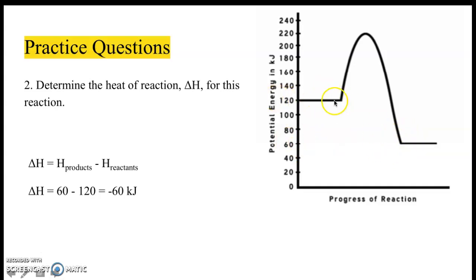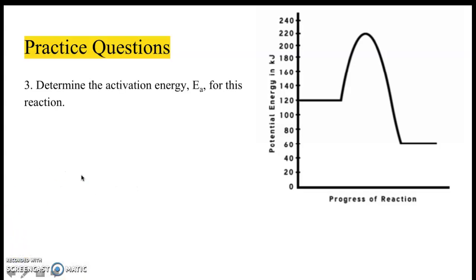Our reactants, 120 kilojoules. 60 minus 120 is negative 60 kilojoules. And if you remember in our last video, we talked about the fact that delta H is always negative for exothermic reactions. We have a negative delta H. This is an exothermic reaction.